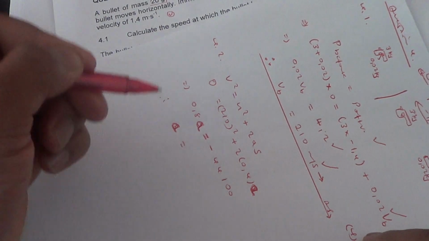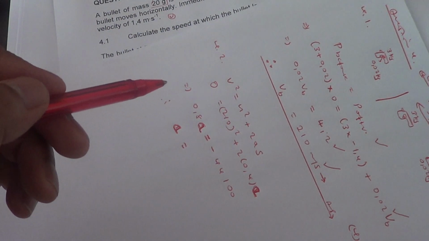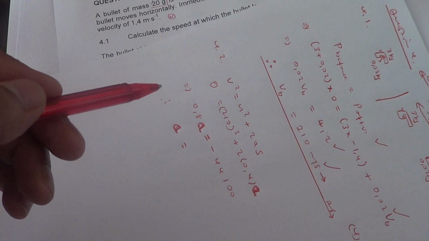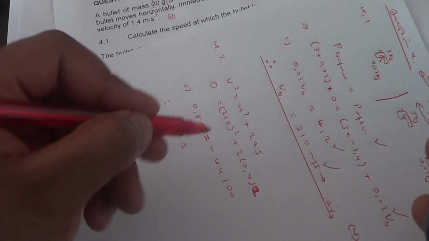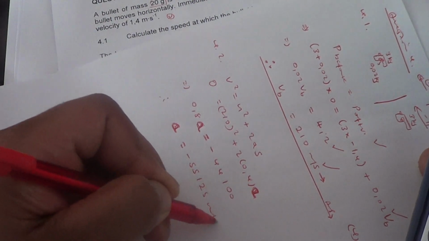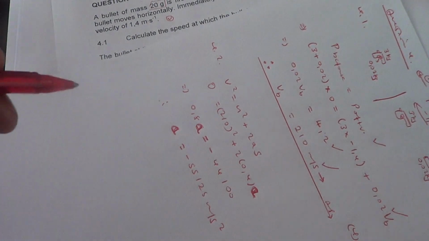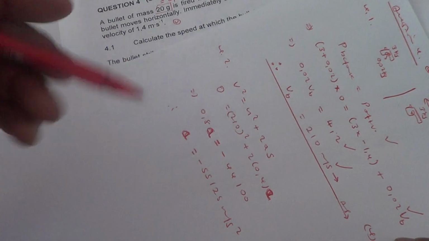This is a equals, and as you can see, it's going to be negative. 44,100 divided by 0,8, we get minus 55,125 meters per second squared. Now remember, the negative sign tells us it's in the opposite direction, so we don't have to worry about that.